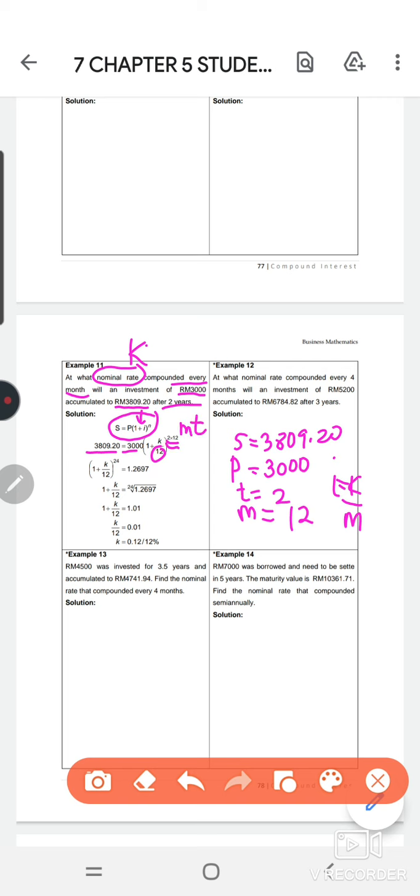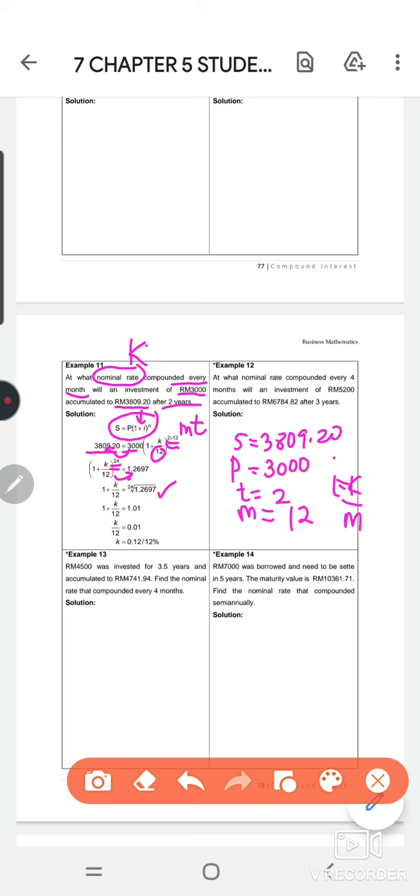Okay, so yang 3,000 ni bawa sebelah sini, dia akan jadi divide. 3809.20 divide by 3000, so dapat 1.2697. Okay, yang ni (1 tambah K per 12) kuasa 24. Okay, kuasa 24 pindah ke sebelah sini, dia akan jadi punca kuasa 24.